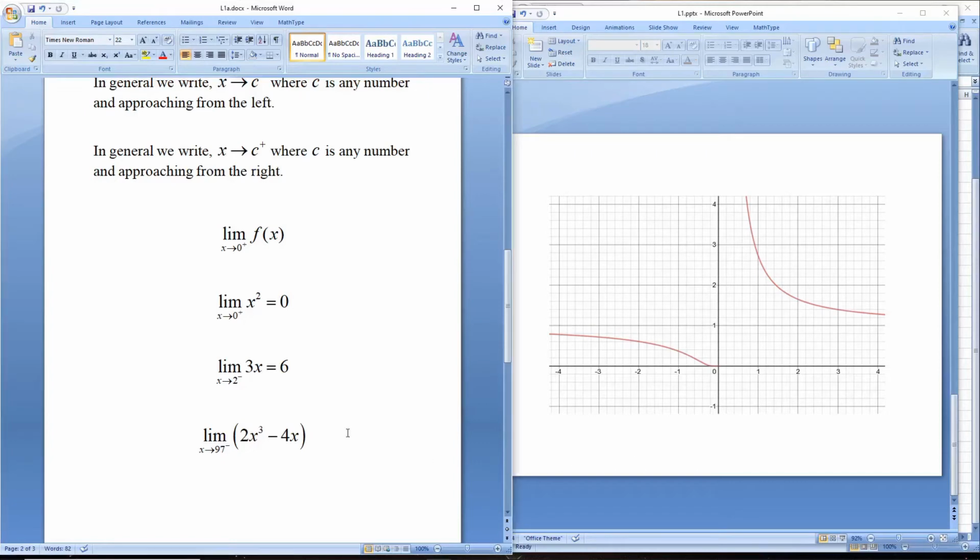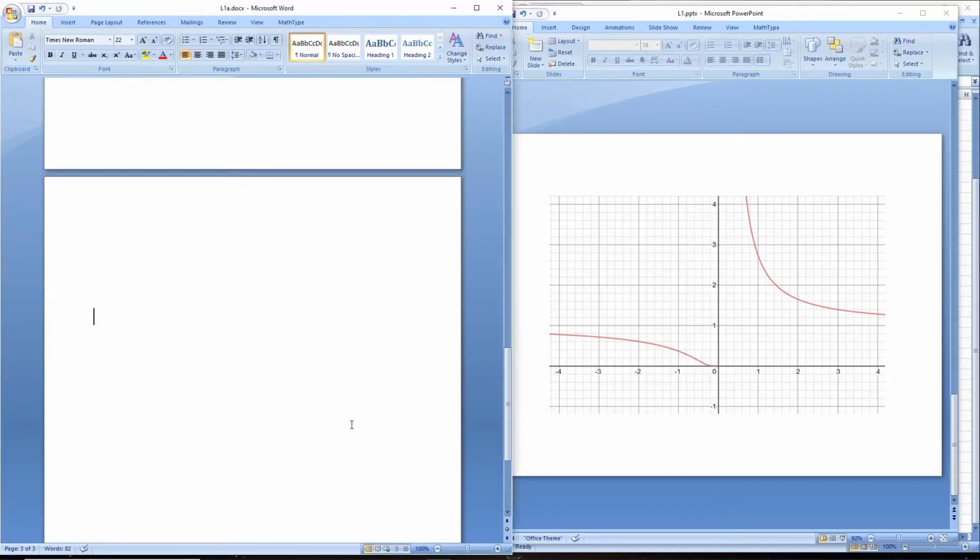So let me state that using our notation. We have the limit from the left, so we have our minus sign in the superscript there. And then we also have the limit from the right, so we have the positive sign in the superscript there. Now what I'm saying is, if these two limits equal, then we get a new expression.